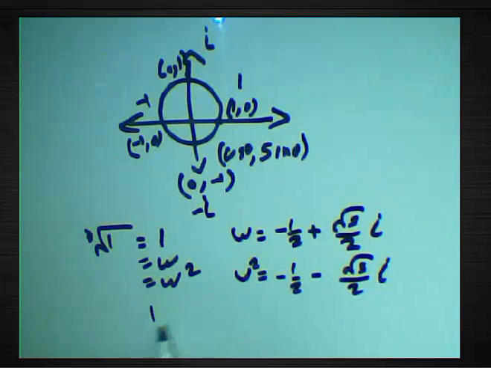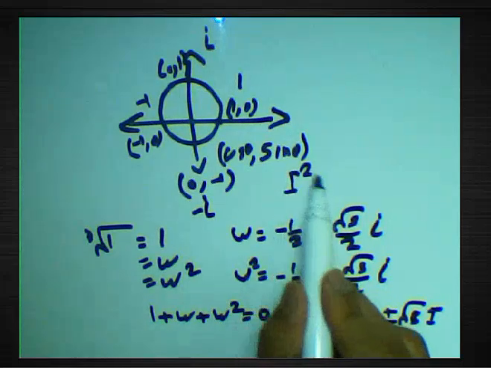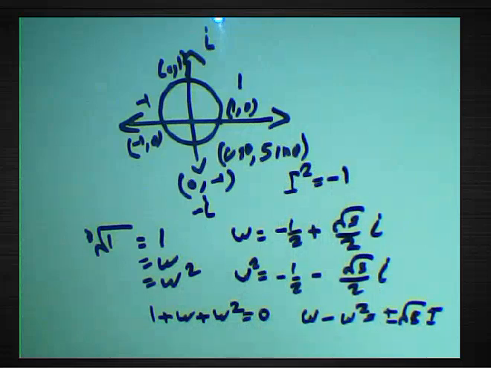And we must know 1 plus omega plus omega squared equals 0. The difference between them, omega minus omega squared, will be positive or negative root 3 i. And you must know i squared equals negative 1. And we must know omega plus omega squared will be negative 1.